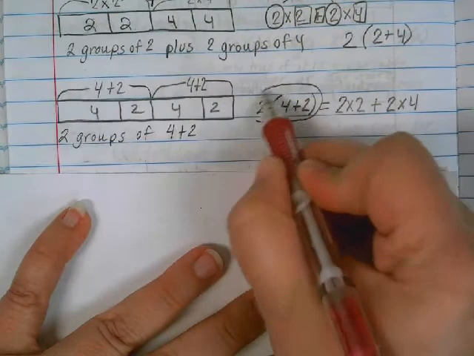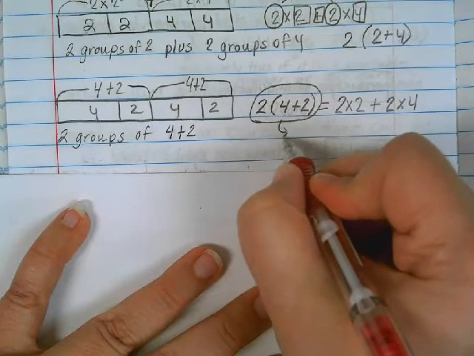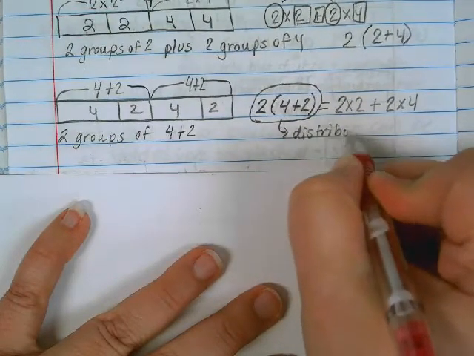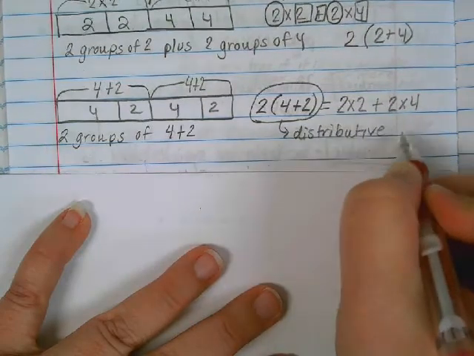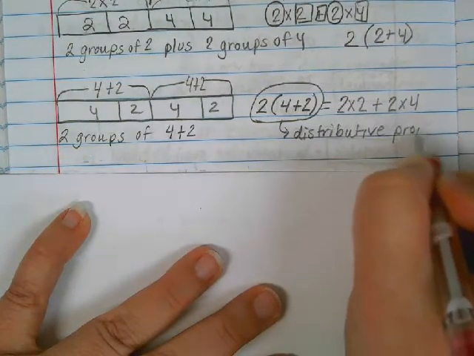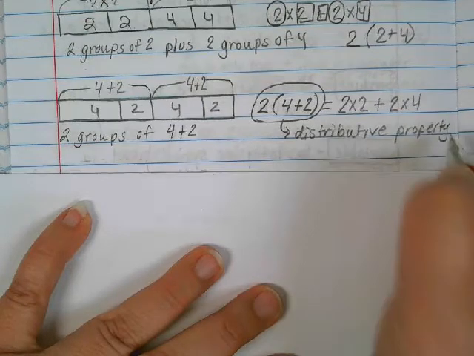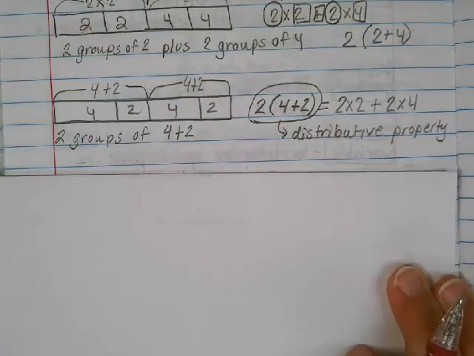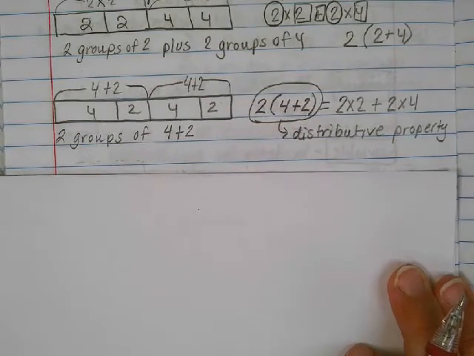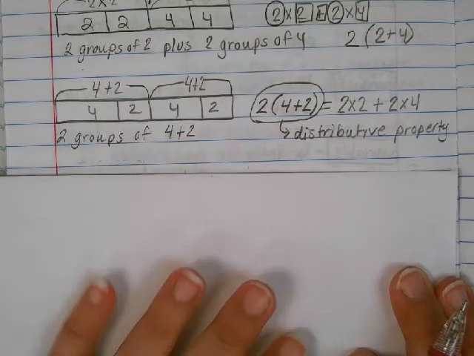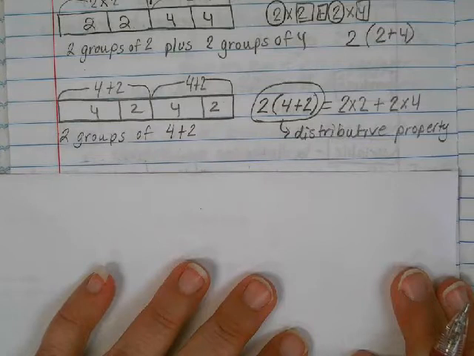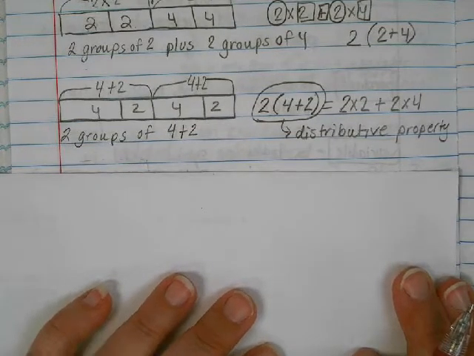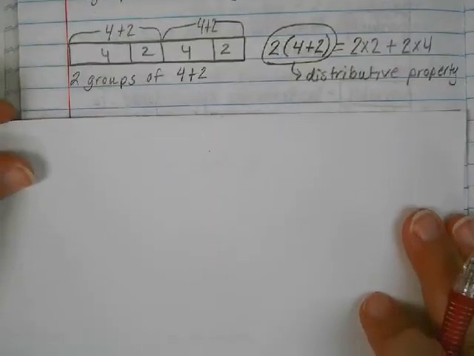This expression here is using distributive property. You probably remember that from 5th grade or even earlier in the school year when we have done some of those lessons. So we're going to go on and do a couple more examples together.